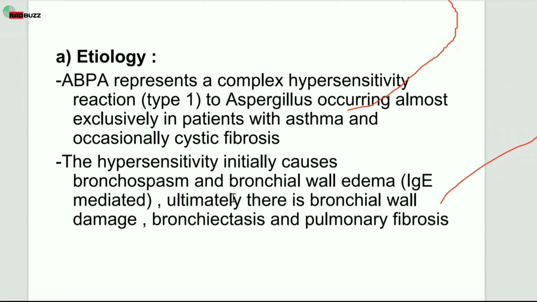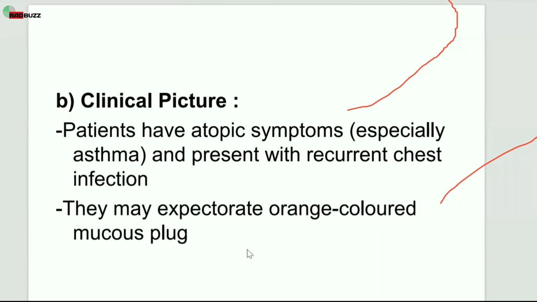The hypersensitivity causes bronchospasm and bronchial edema, which is IgE mediated, already occurring in this patient. So there will be bronchial wall damage, bronchiectasis, and pulmonary fibrosis. The patient will have symptoms of allergy, asthma, and chest infections, or they will have an orange colored mucus plug.